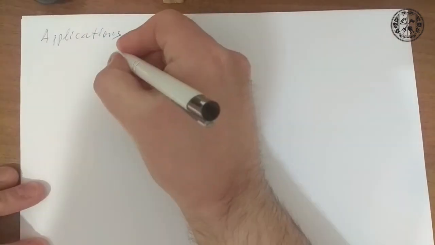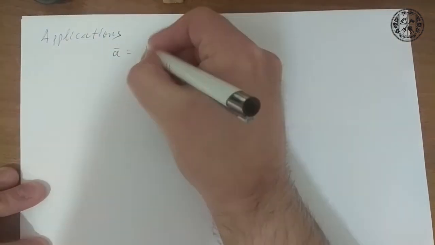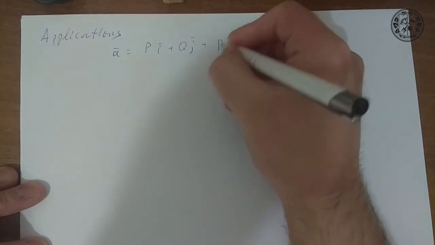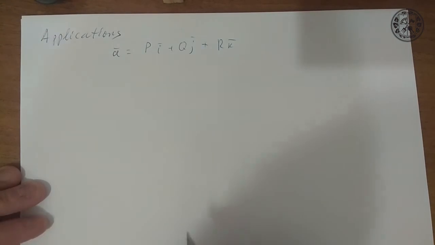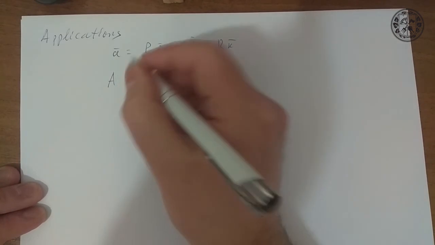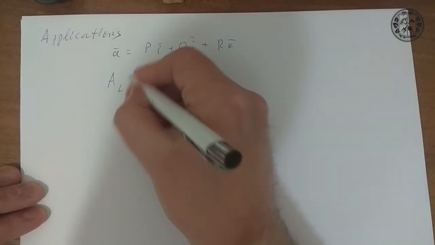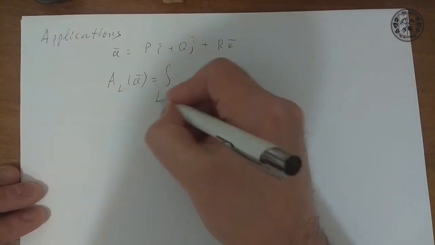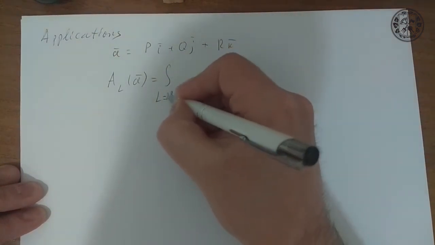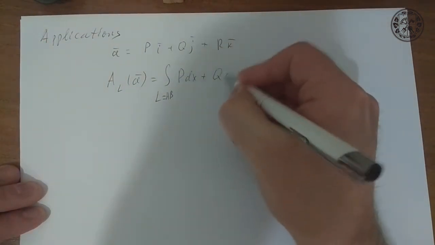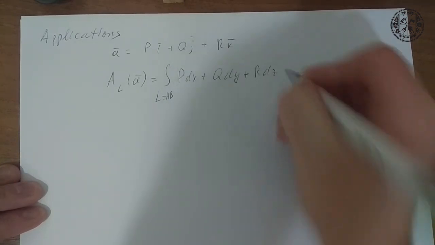Applications of line integral of second kind. If we have some vector field p i plus q j plus r k, then the work for moving some point A to point B by curve AB will be p dx plus q dy plus r dz.